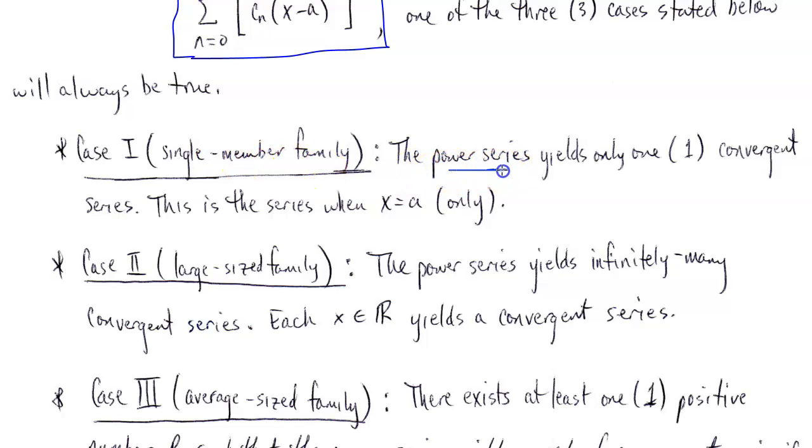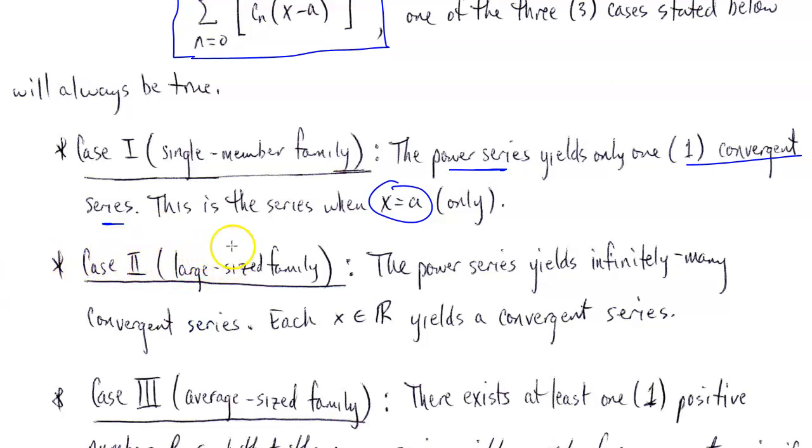A power series yields only one convergent series, meaning that we only have one x value that we can plug into the power series that will result in an infinite series that converges. Of course, that's the smallest of all the cases as far as the number of x values that can be used to produce convergent infinite series.